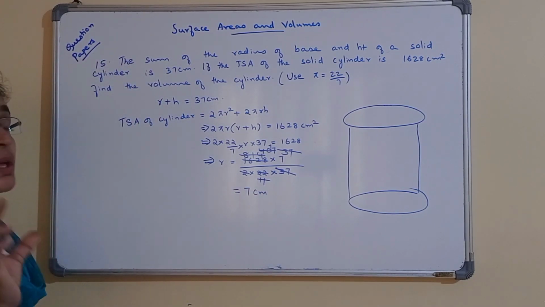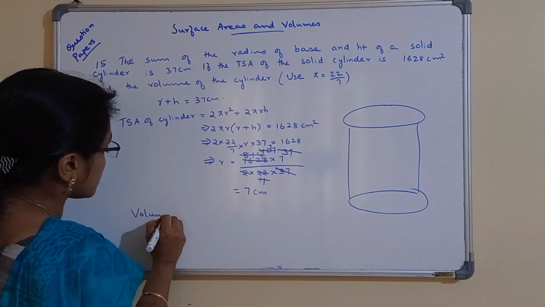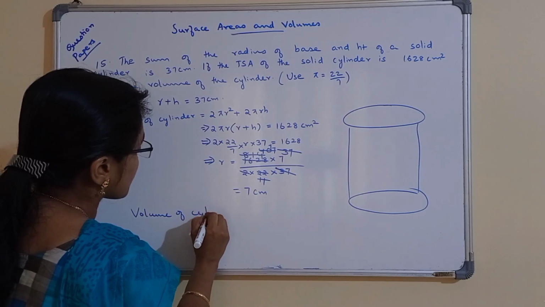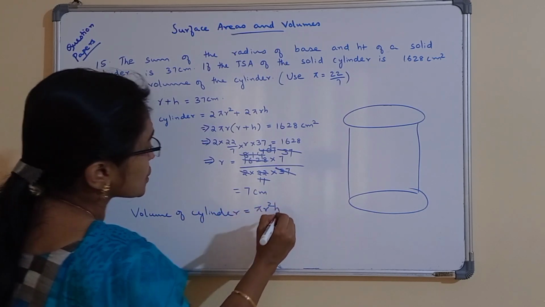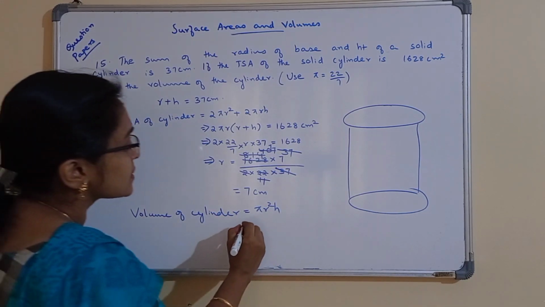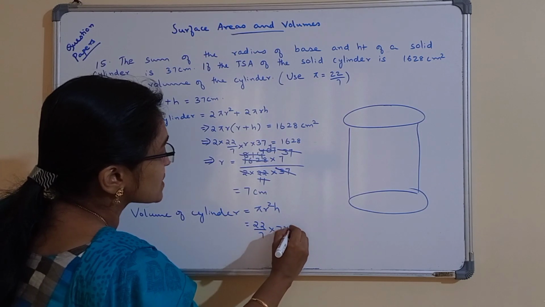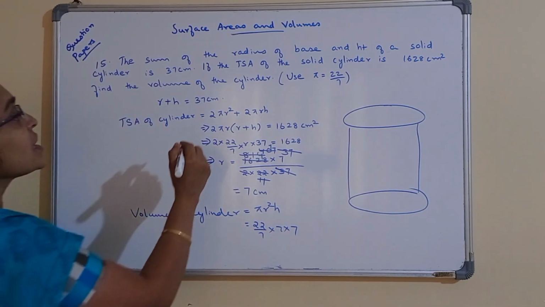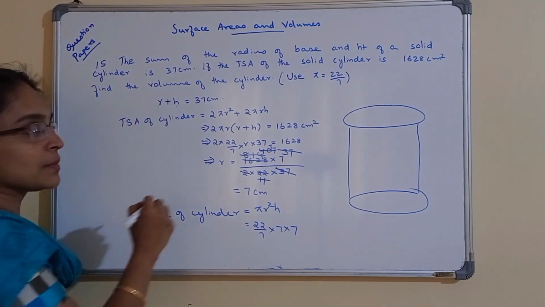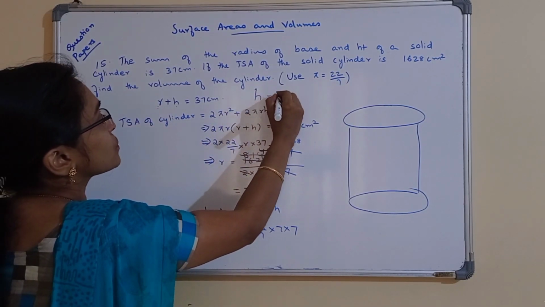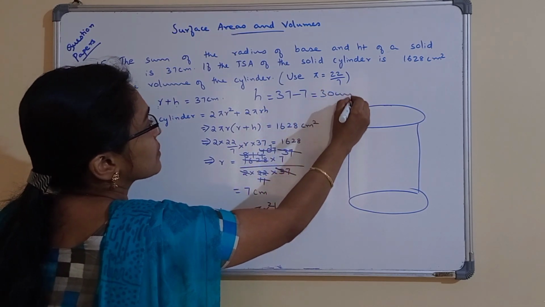Now what is the volume of a cylinder? Volume of cylinder is equal to pi r square h, right? And this is equal to 22 by 7 into 7 into 7, and we don't know h, but we got r. R is equal to 7 centimeter. So h is equal to 37 minus 7, which is equal to 30 centimeter.